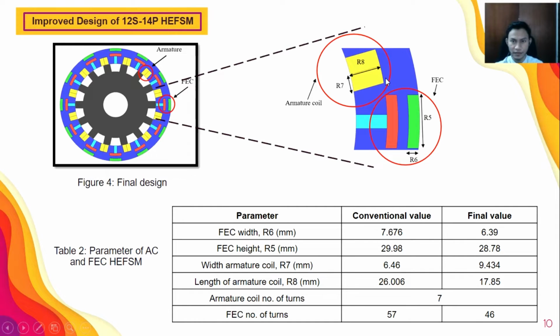So you can see this is the armature, this is the FEC. These are the parameters that I changed from the conventional design to the final value. We refer to the FEC first. For the FEC, I changed R6 and R5, which are the FEC width and FEC height.